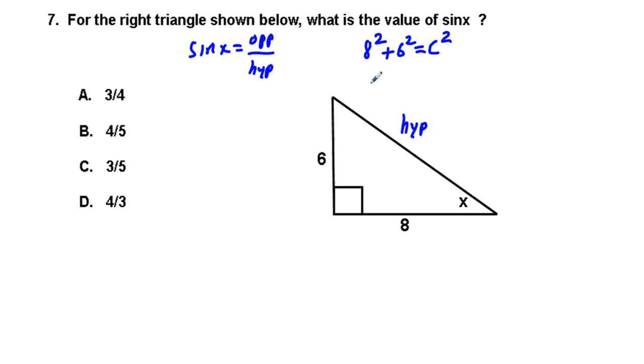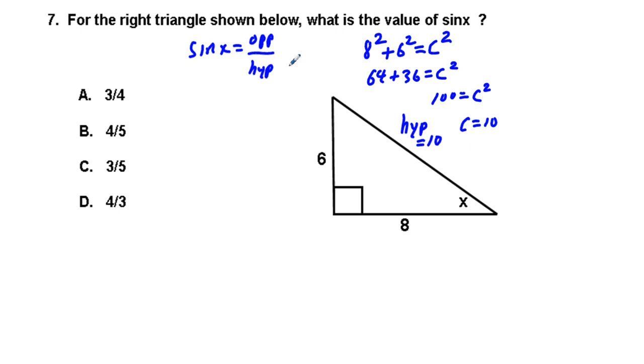So 8 squared is 64, 6 squared is 36, so 100 is equal to c squared, and c is the square root of 100, which is 10. So our hypotenuse is 10.